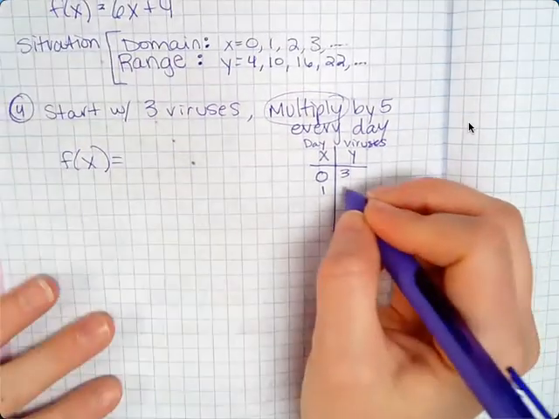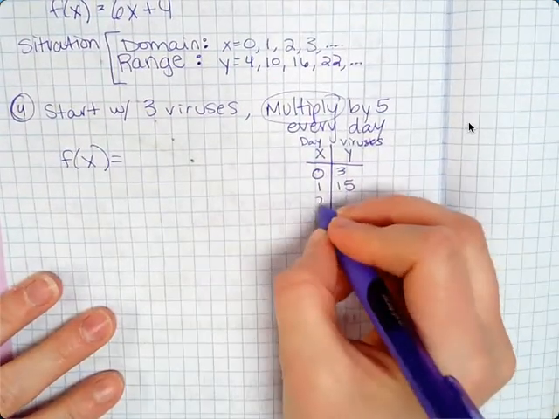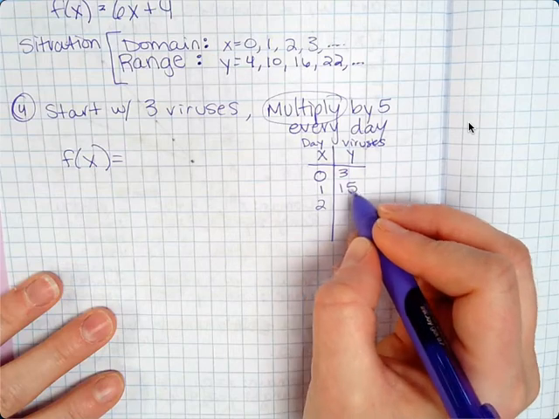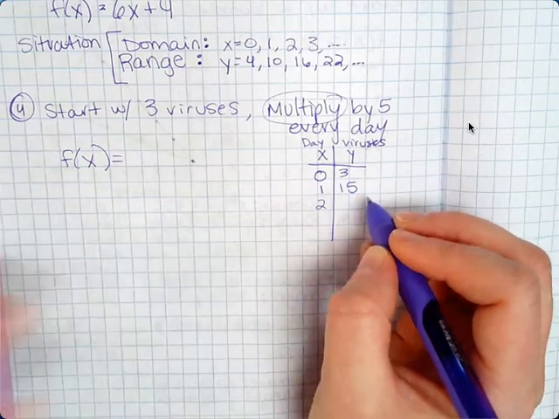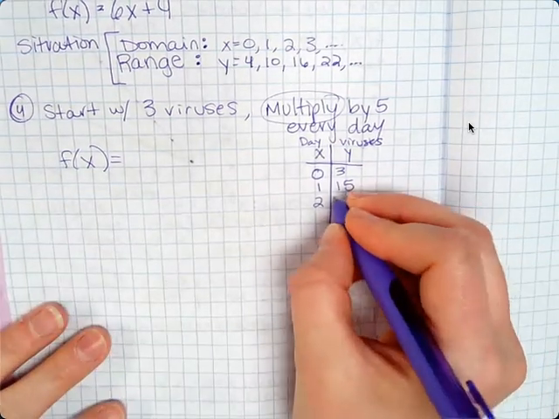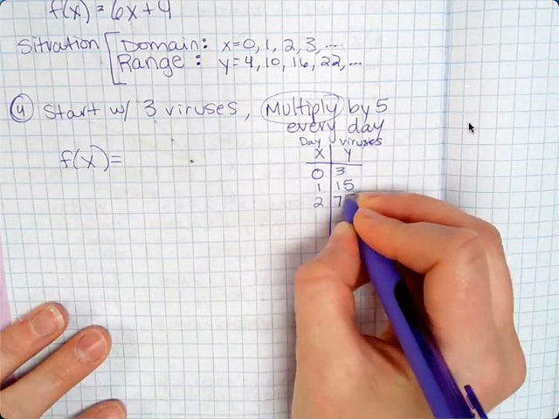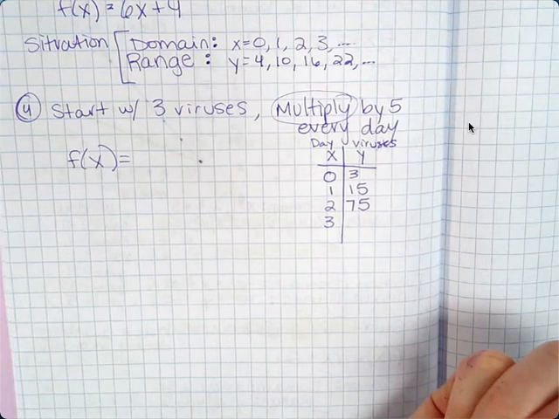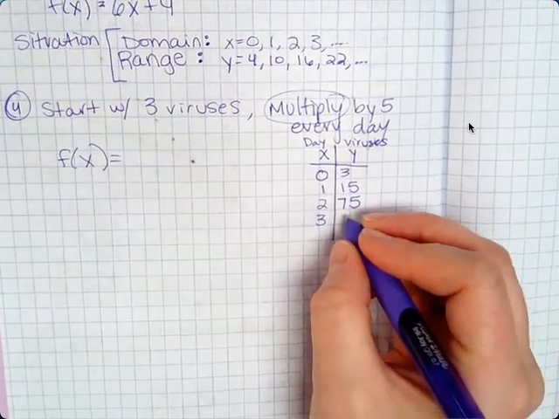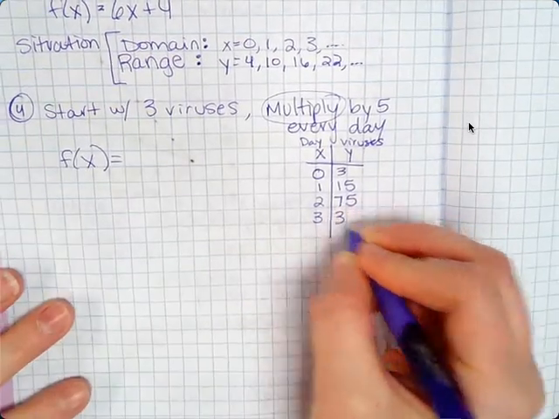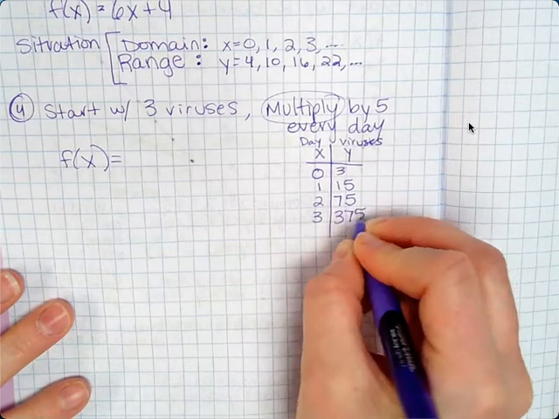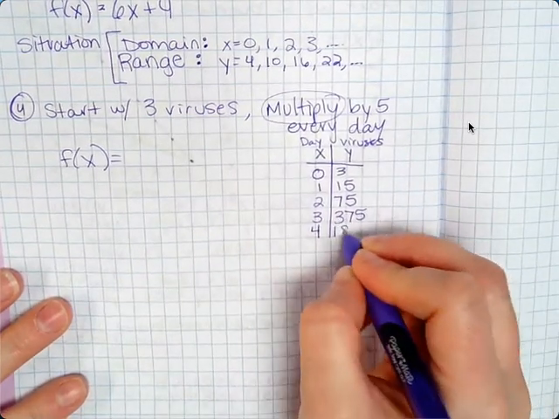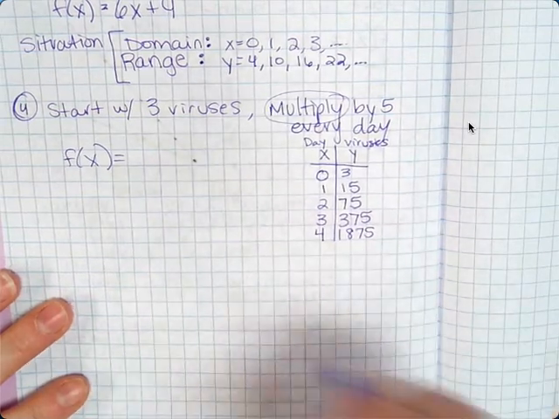So it'd be 15. Okay, what about the next one? Wouldn't it be 15 times 5? 15 times 5, which is 75. Okay. The next one? What'd you say? 375? Okay. I can't hear very good. Okay, what about 4? 1,875. Okay, so we'll stick with that.